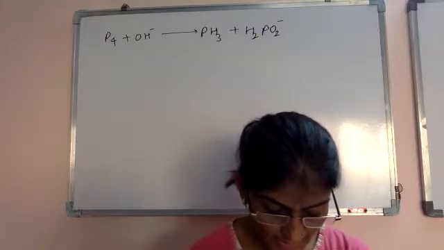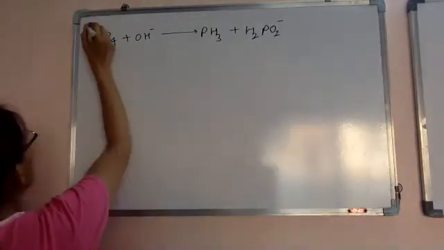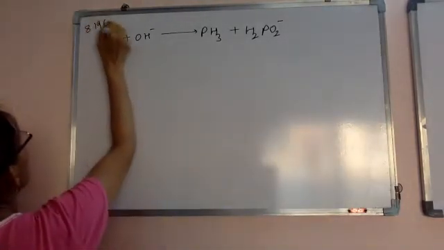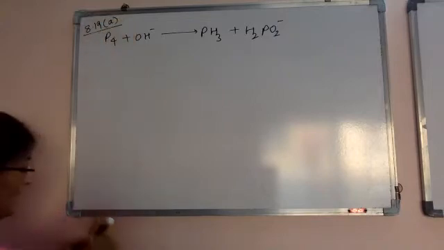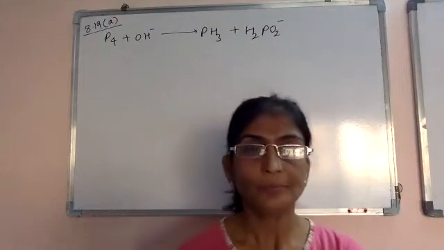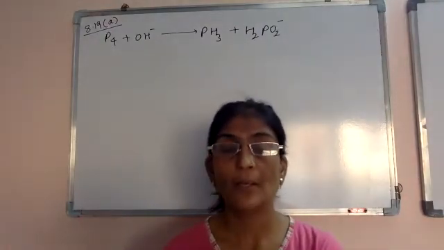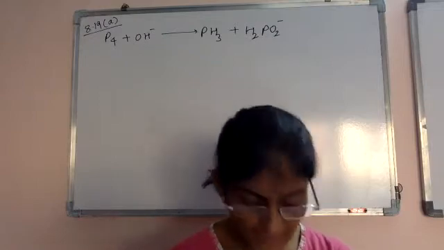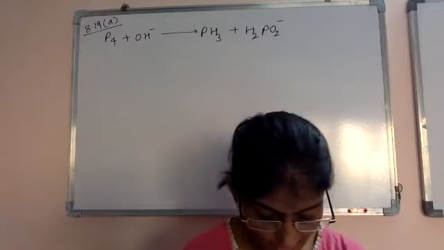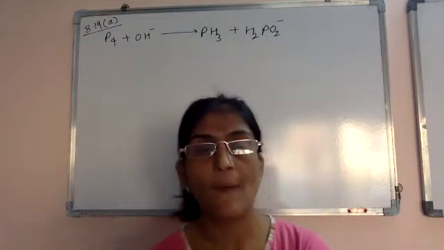Question number 8.19A of our textbook. This we have to balance by half reaction method in basic medium. It is given that it is in basic medium.